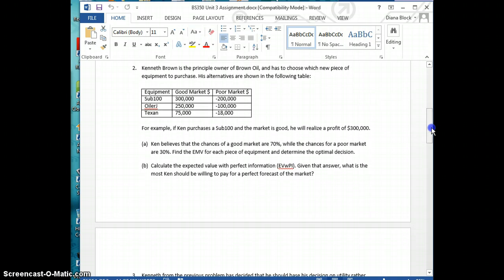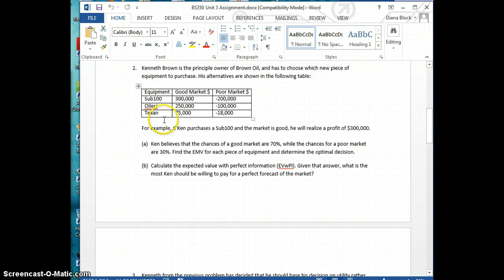Then if you go to problem 2, in this problem you're calculating EMV, that's expected monetary value. And you're also going to calculate EVWPI. That's the expected value with perfect information. So this is in chapter 3 also. It's on pages 71 through about 73, where you'll learn how to calculate the EMV and the EVWPI.